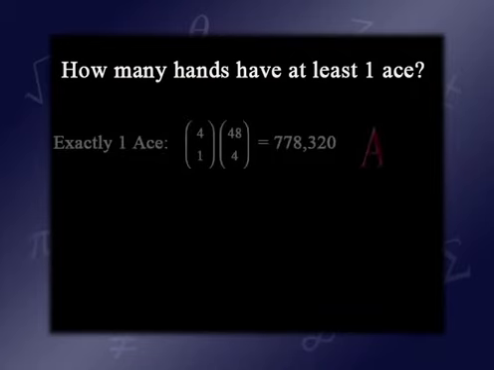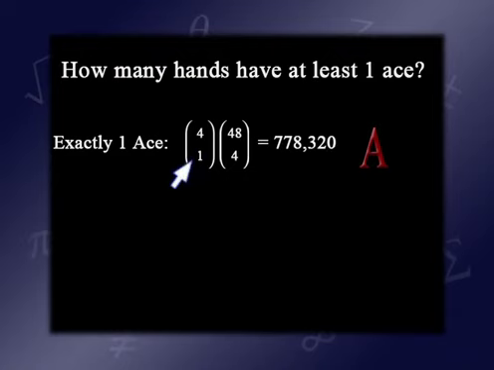So for example, how many poker hands have exactly 1 ace? Well, first we choose the ace that we're going to use. Exactly 1 ace. So there are 4 aces in the deck. We've chosen one of them to be our ace. Next, we have to pick 4 non-aces in the deck.